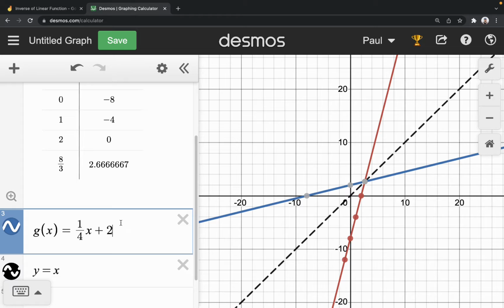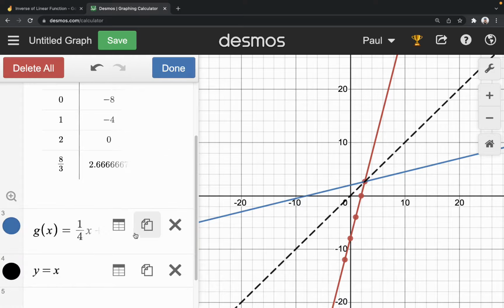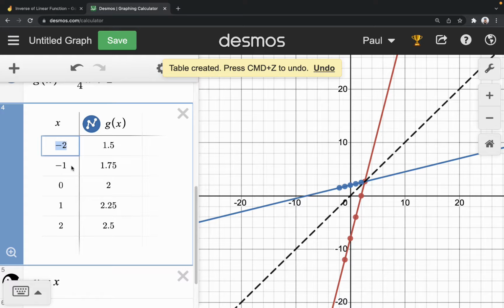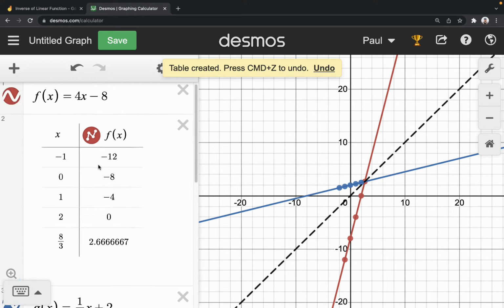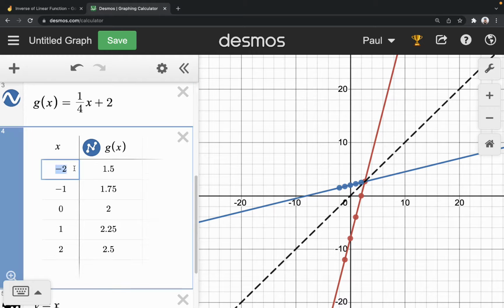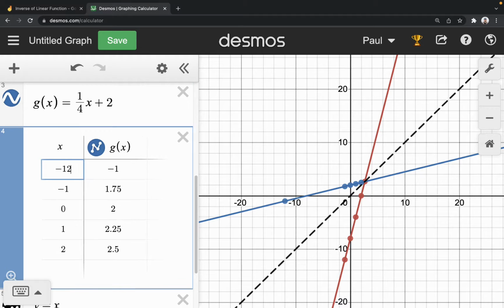Now let's check those same points with g of x, the inverse function. I can't use the same x's because remember we're flipping x and y. So the output becomes the input. Let's put those in our x column: -12, -8, -4, 0. The first ones are just 4 apart.